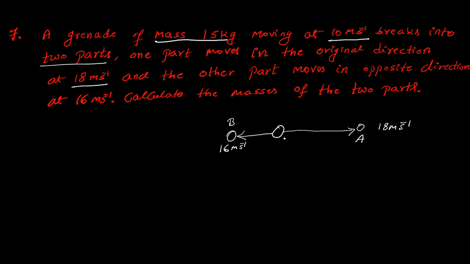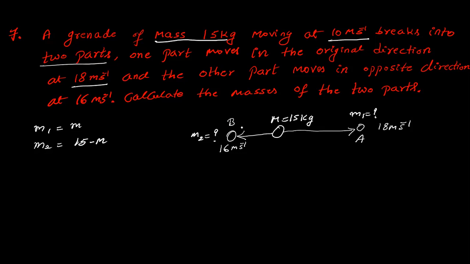Calculate the masses of the two parts. What are the masses? This is m1, and let this be m2. The initial mass of the grenade is 15 kg. Let m1 be just m. And m2 becomes 15 minus m. Initially 15 kg.